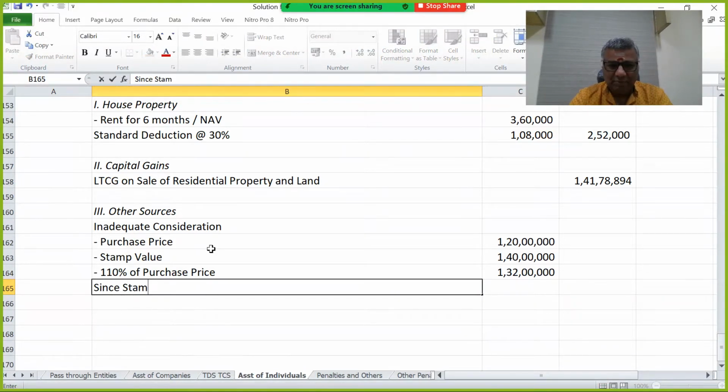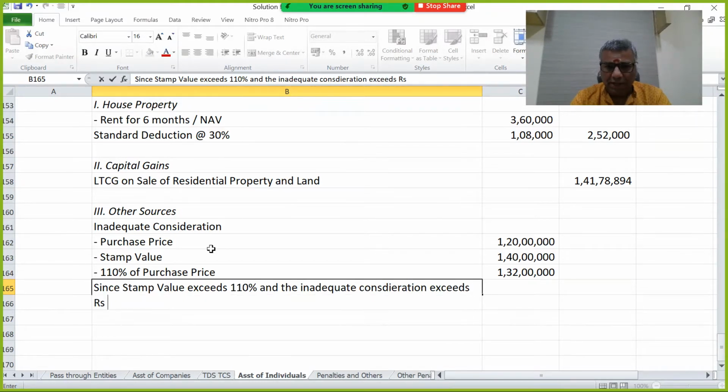Since stamp value exceeds 110% and the inadequate consideration exceeds rupees 50,000, the whole of inadequate consideration is taxable.